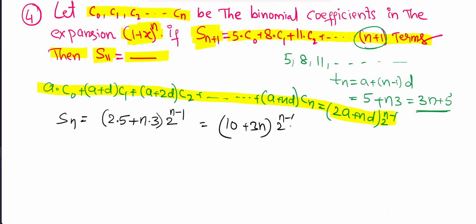Now we find the value of S11. S11 is equal to, substituting n is equal to 10 in this equation, 10 plus 3 into 10 into 2 to the power of 10 minus 1.